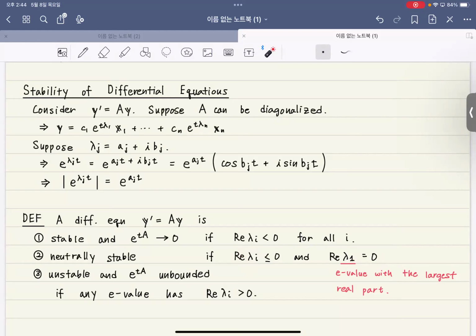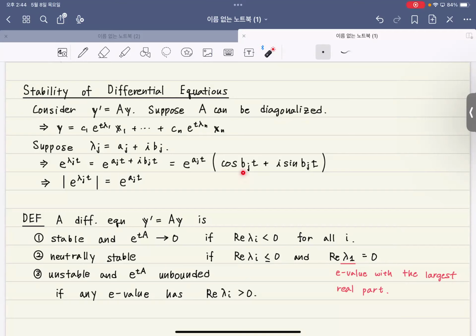But if there is an eigenvalue whose real part is precisely 0, then the magnitude of this factor is 1, right? In this case, the solution will never tend to 0, nor go to positive infinity, but it will revolve around the origin, right?